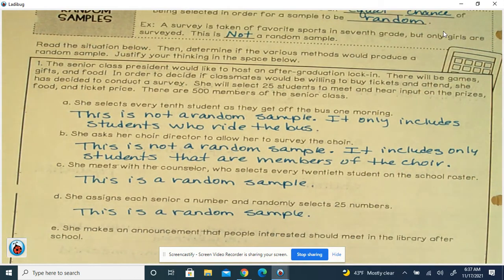E, she makes an announcement that people interested should meet in the library after school.